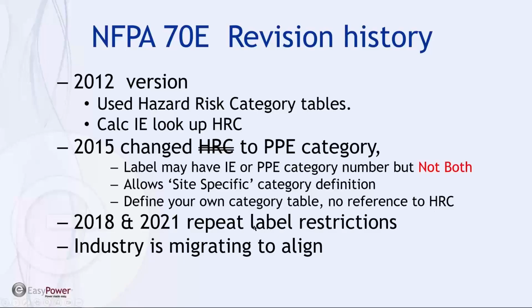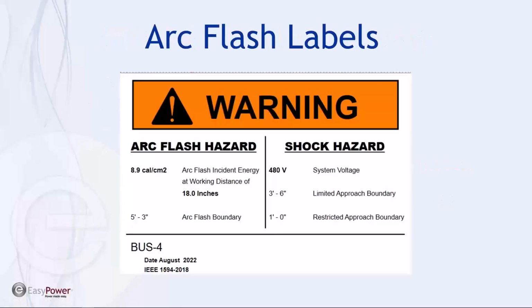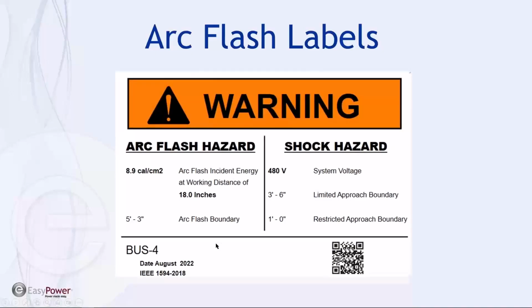So the recommendation is to try to align with industry, because we're migrating to more and more standardized results, or results that can be considered similar to other facilities with the same criteria. As a result, EasyPower is recommending a standardized label with slightly less information as one solution.